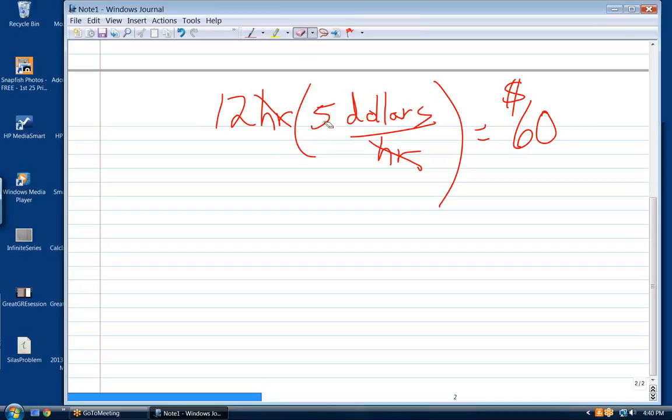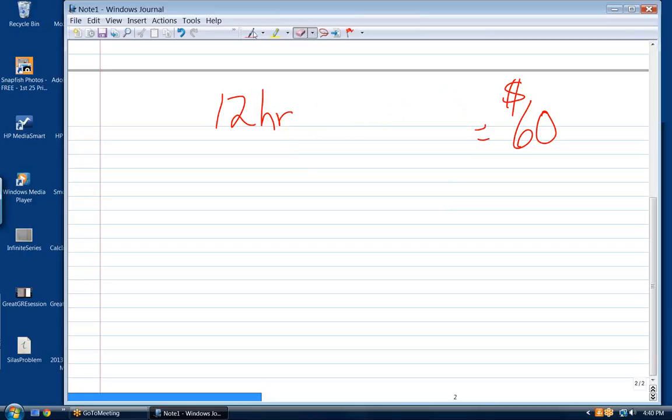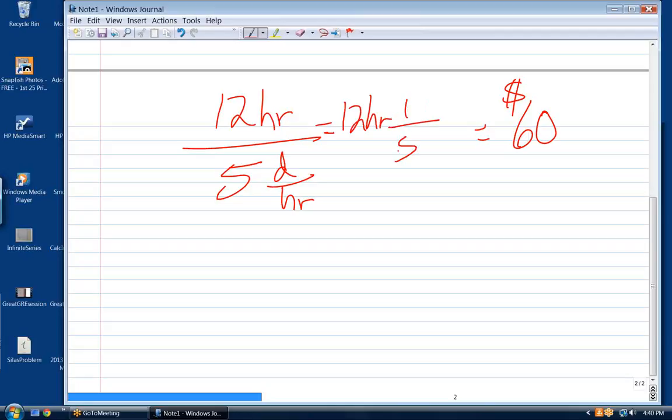I would not want to ever divide this by $5 per hour. In other words, let's say I made a mistake and thought I had to divide it by $5 per hour. Well, notice the units don't cancel if I do that. Dollars per hour, if I flip the bottom and multiply, I end up with 12 hours times 1/5 with the hours in the numerator and the dollars down here.